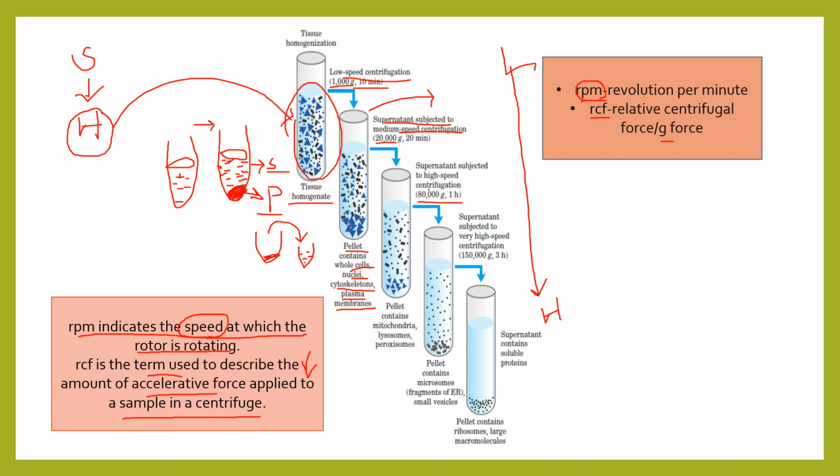Then we applied 20,000 g for 20 minutes. The pellet contains mitochondria, lysosomes, peroxisomes. Then the supernatant is subjected to high speed centrifugation at 80,000 g for 1 hour.